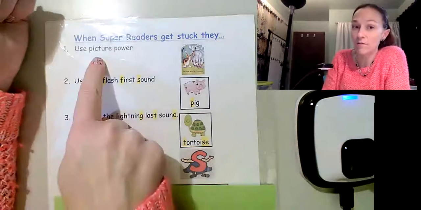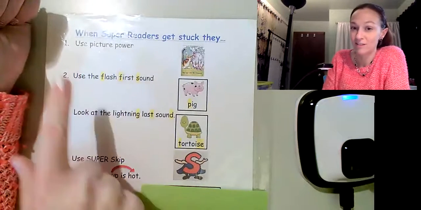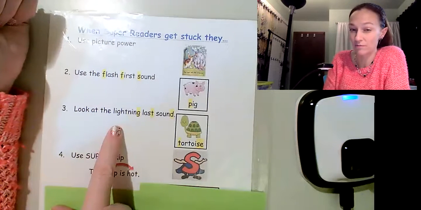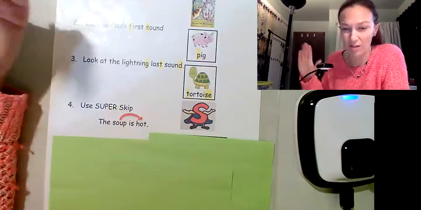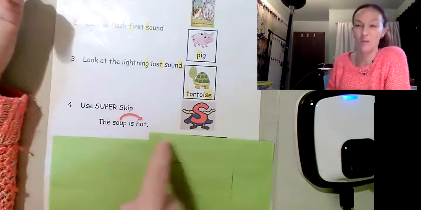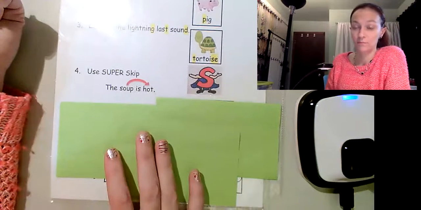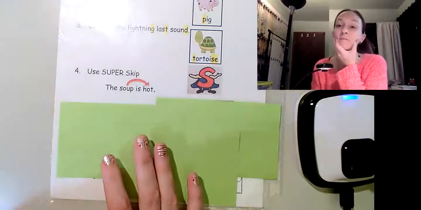If we get stuck, the first thing we should do is look at the picture. And we should look at the first sound, then the last sound. Then we skip the word. Does that mean forever? We never come back? No, no, no. Skip it and you come back. Super skip. And you come back to it and you see if you can get it. We practiced that with a book, right?